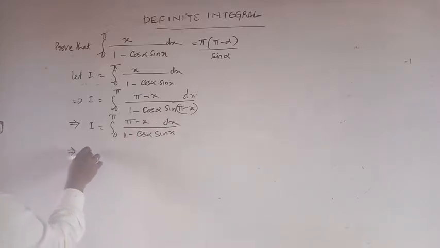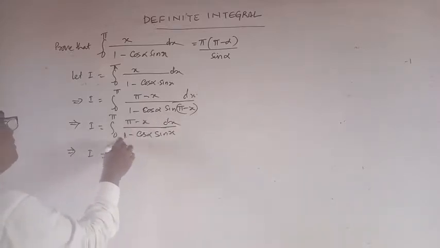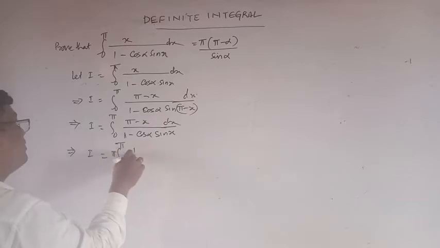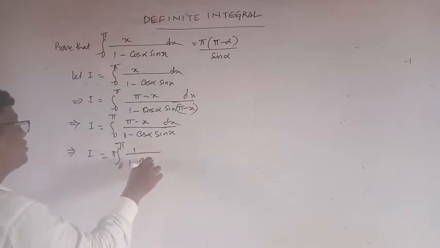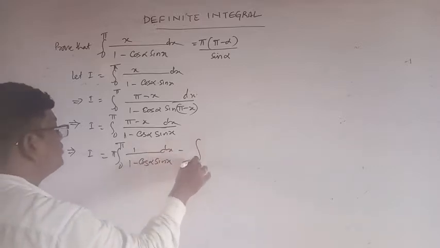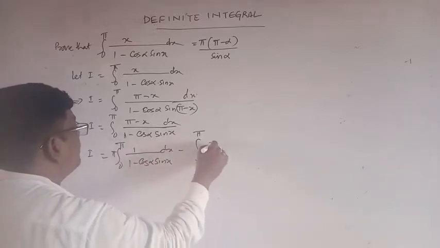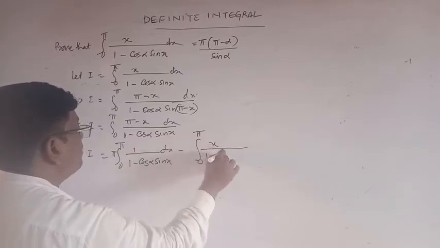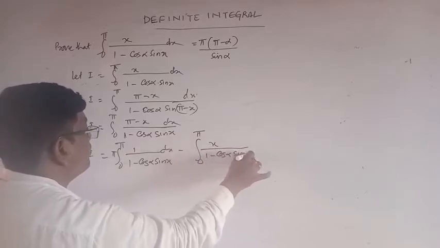That implies I is equal to pi times the integral from 0 to pi of 1 by (1 minus cos alpha times sin x) dx, minus the integral from 0 to pi of x by (1 minus cos alpha times sin x) dx.